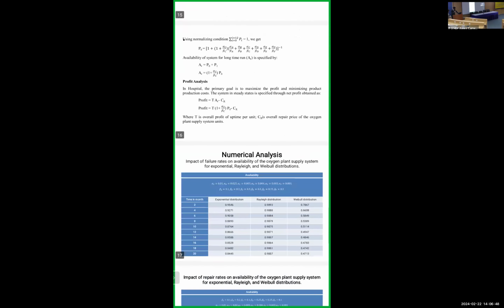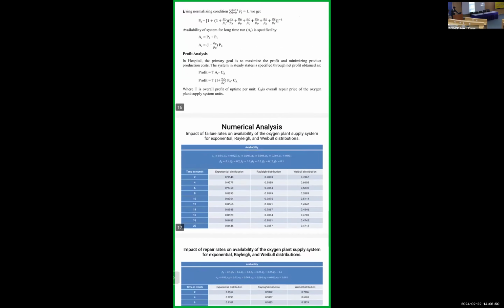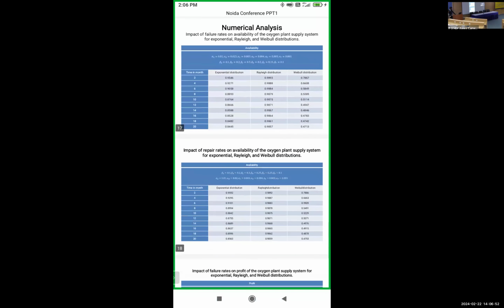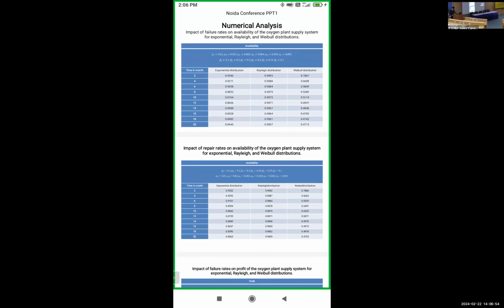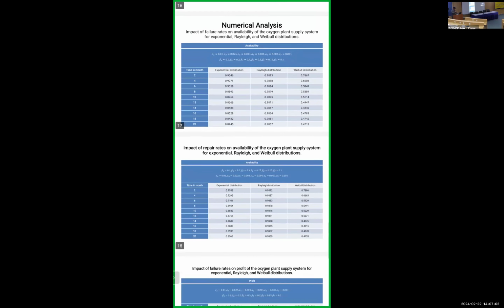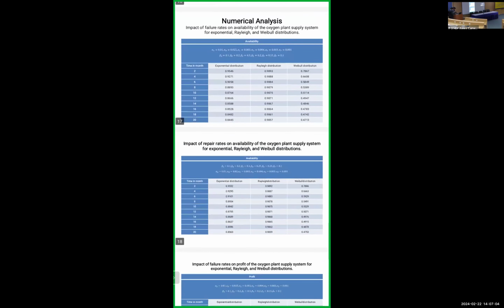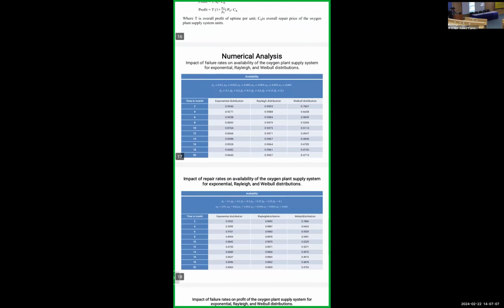Conclusion. This is a numerical analysis. In this model, we took the exponential distribution, Rayleigh distribution, and the Weibull distribution. Here, we have four tables.